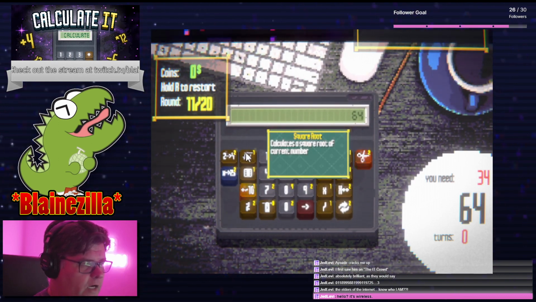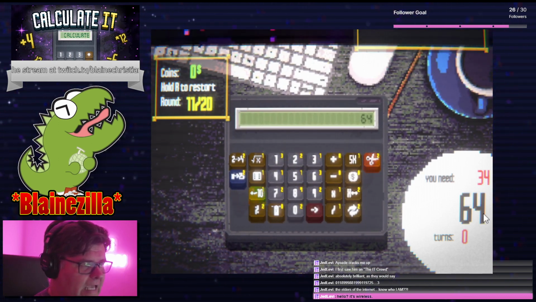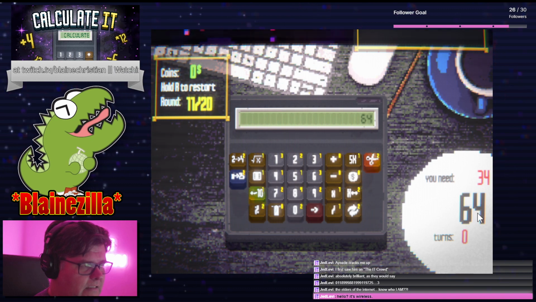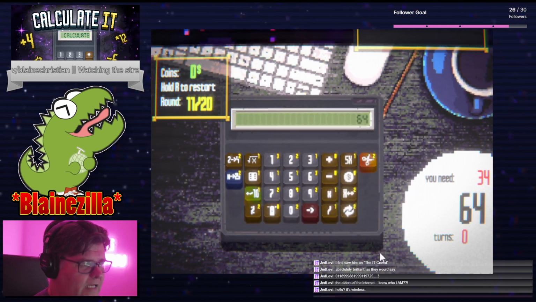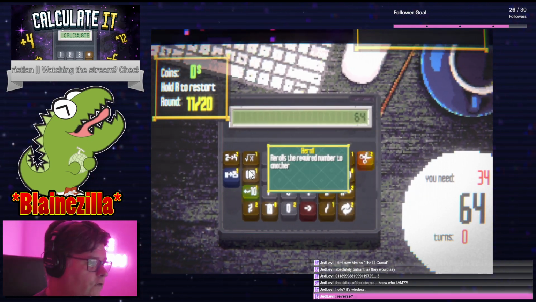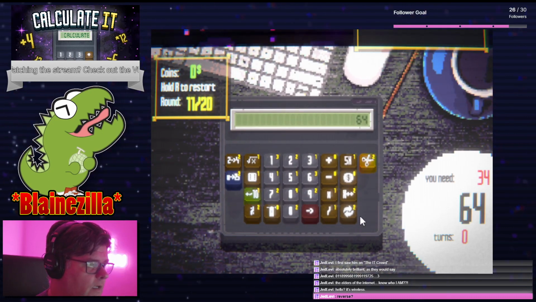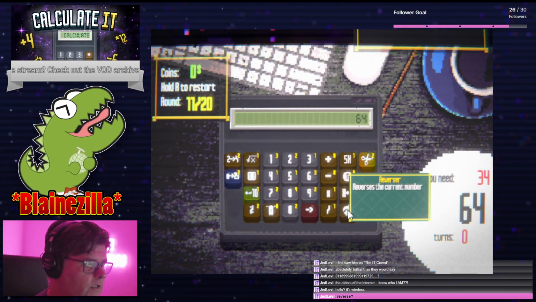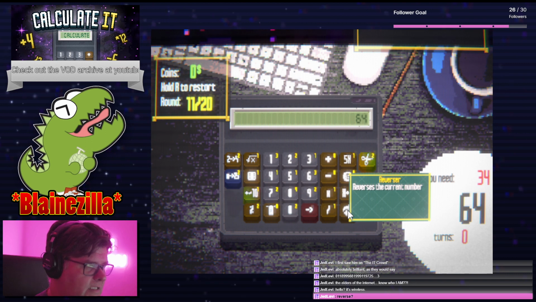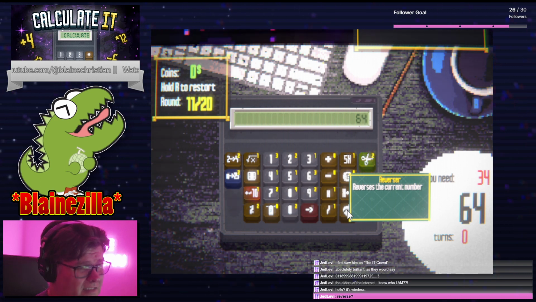Then square root is 8, divided by 2. That's a lot of buttons. Reverse. Okay, what does reverse do? Reverse reverses the current number. It will take us to 46.